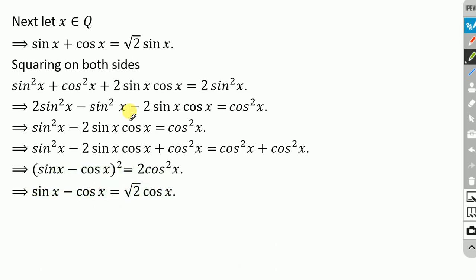So we have taken an element in Q, and we have seen that x is satisfying the equation sin x minus cos x is equal to root 2 cos x.